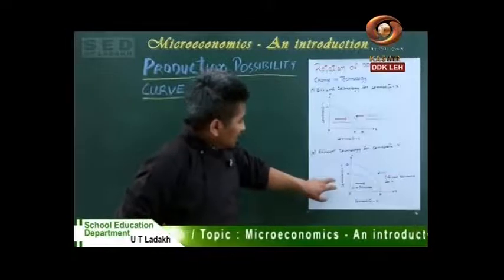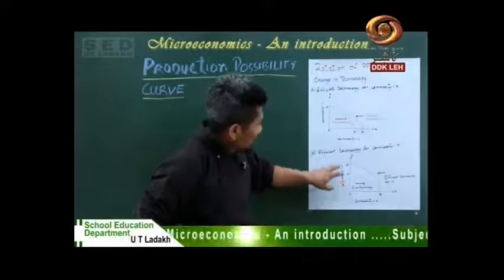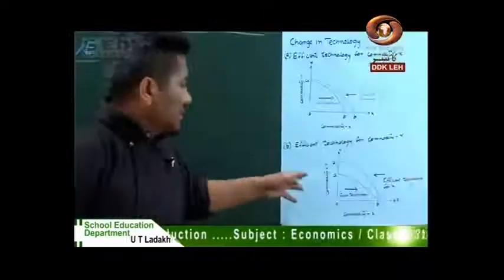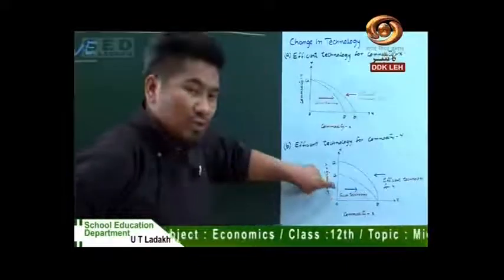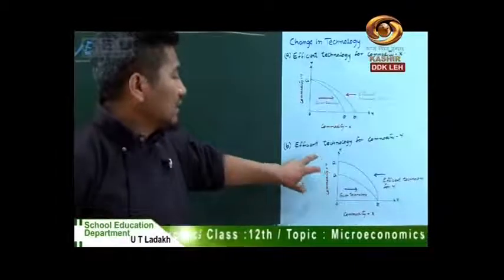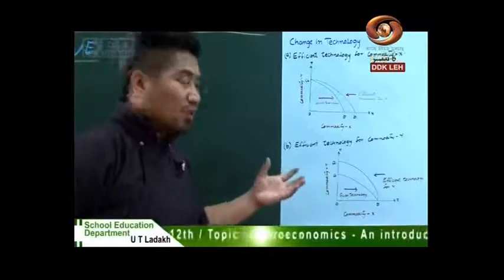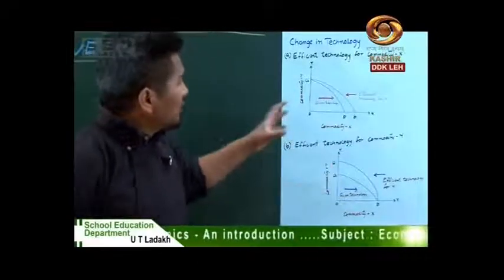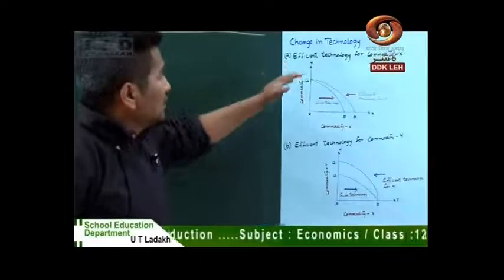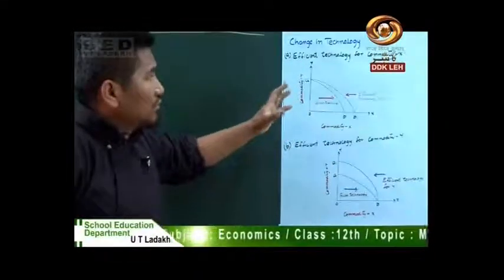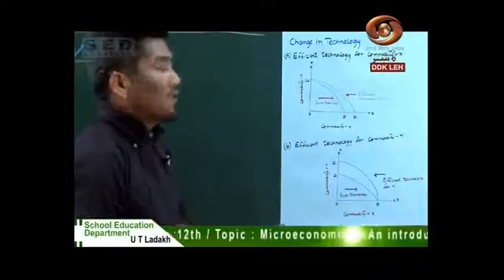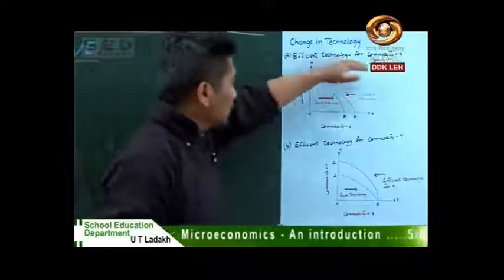It means the production of commodity Y increased from OA to OA1. This increase in commodity Y occurred due to increase in the efficiency of technology for producing commodity Y. Now you have to remember, this rotation of the production possibility curve does not occur due to change in the resources. It occurs due to change in the technology.